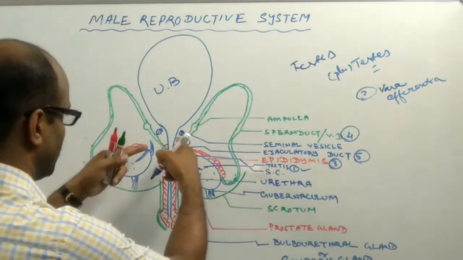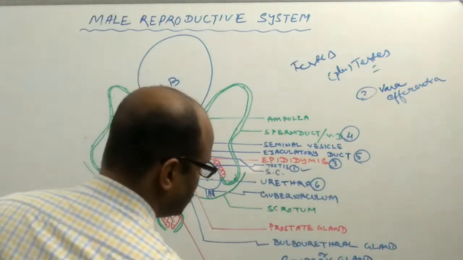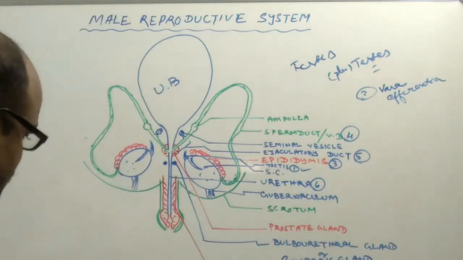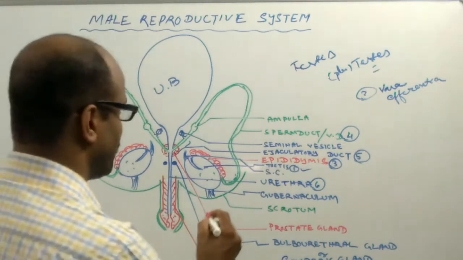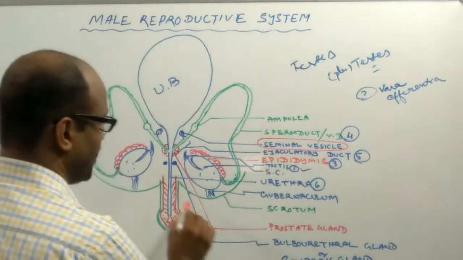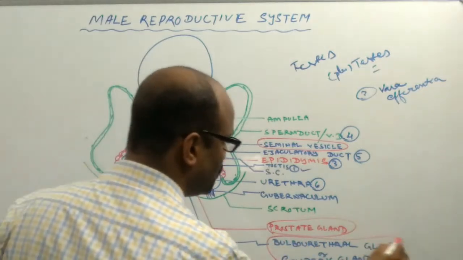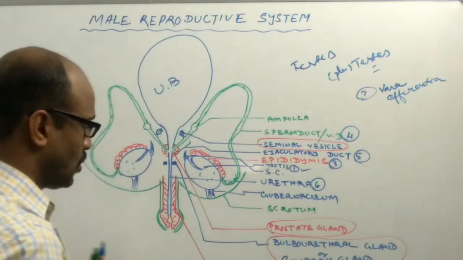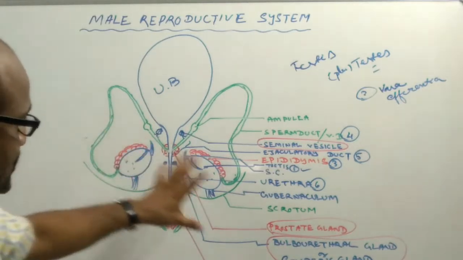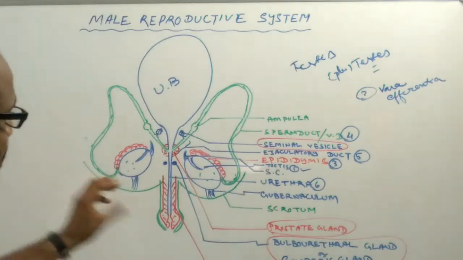The sixth one is the urethra. The seventh one is the penis. And then the accessory glands. Three accessory glands are present: one is the seminal vesicle, the second is the prostate gland, and the third is the bulbourethral or Cowper's gland. So the male reproductive system comprises these 7 organs as well as 3 accessory glands.